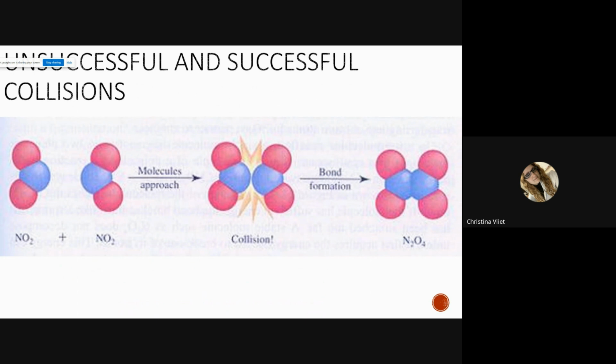Whereas if you have a successful collision, this is one for NO2 and another NO2, your molecules approach each other. They collide in the right spatial orientation with enough energy, and it forms a covalent bond between, in this case, the two nitrogens in the middle, forming N2O4. So this is N2O4. I know it's fuzzy.